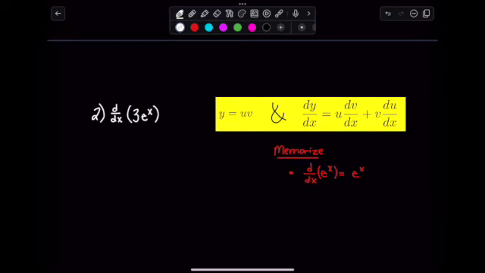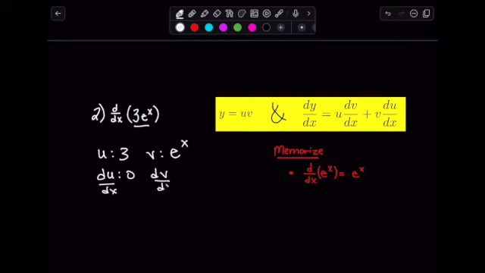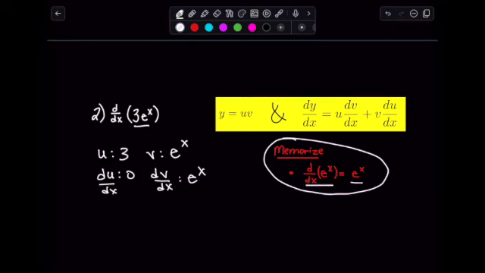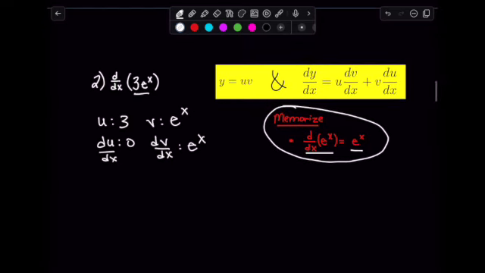Moving on to the next, let's define u and v once again. So u is the first term, which in this case is just 3, and v is the second term, which in this case is e to the power of x. So once again, we're going to do du/dx equals 0, and dv/dx equals e to the x, which as you can see from this formula here, it's just easier if you memorize that the derivative of e to the x is simply e to the x.